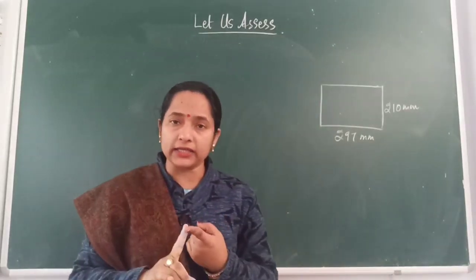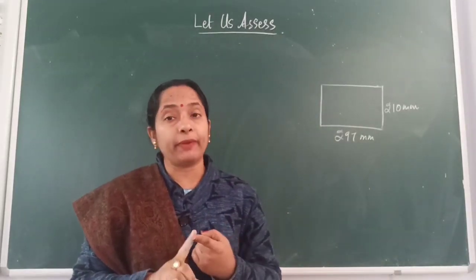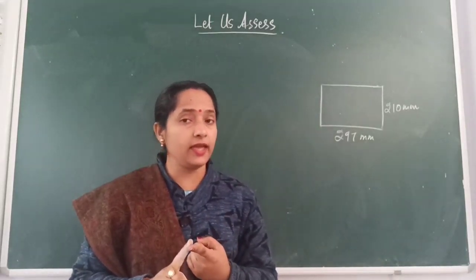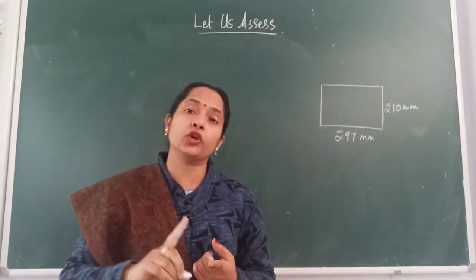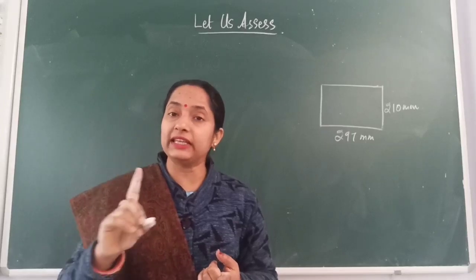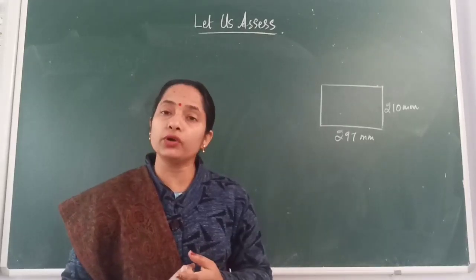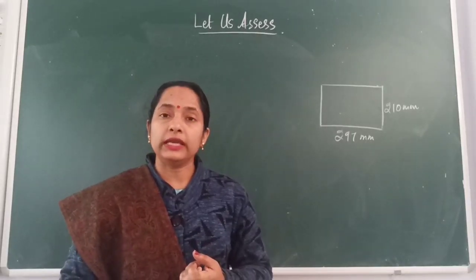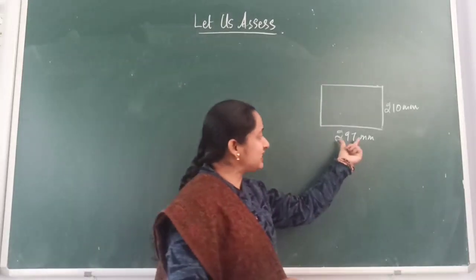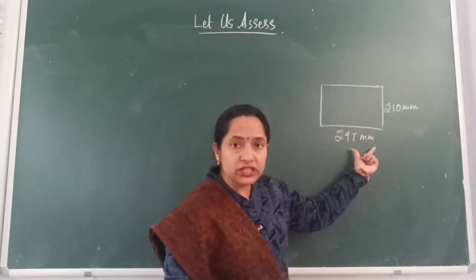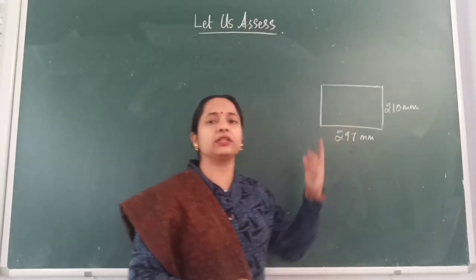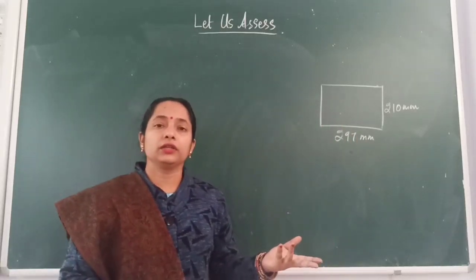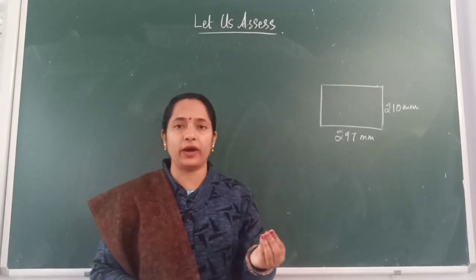You are asked to find the perimeter as well as the area in terms of millimeter and square millimeter, and also in terms of centimeter and square centimeter. So what will you do? If you use the same given dimensions which are in terms of millimeter and find the area and perimeter, that will be the answer for the first part.